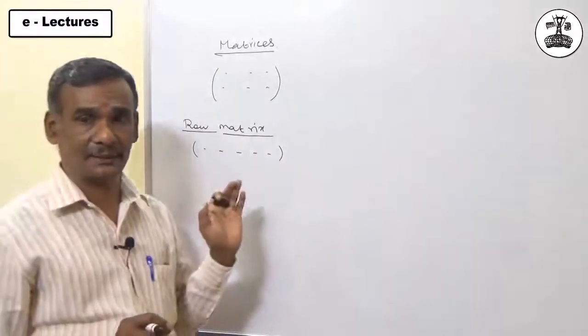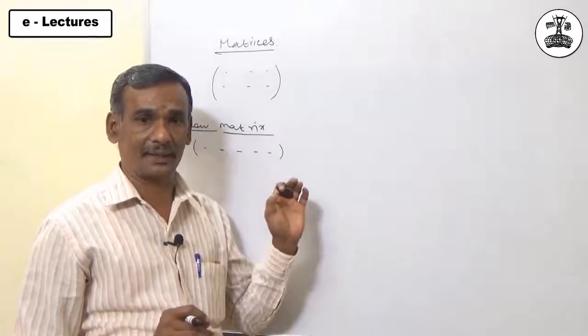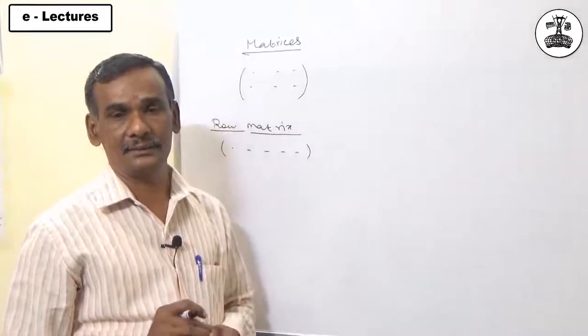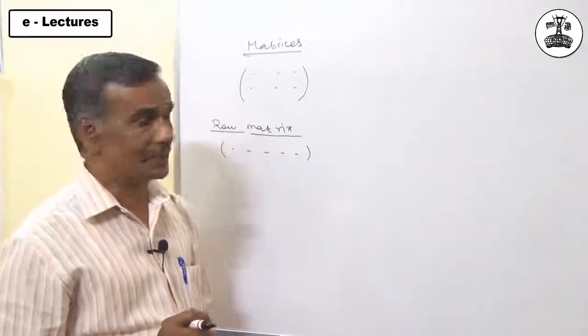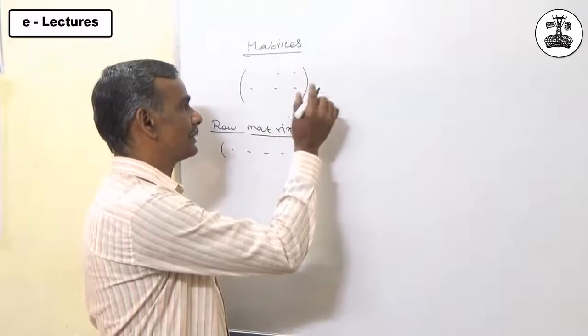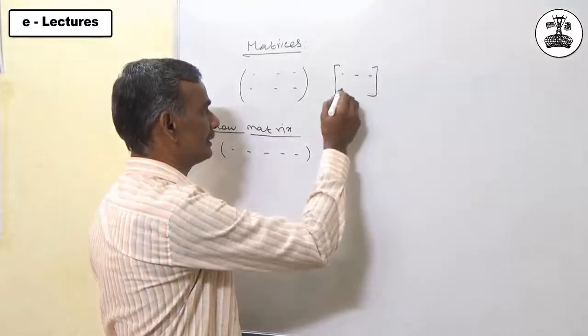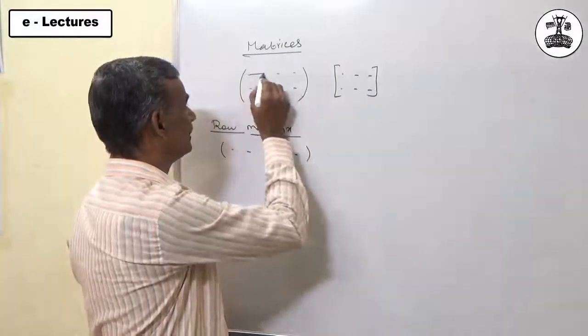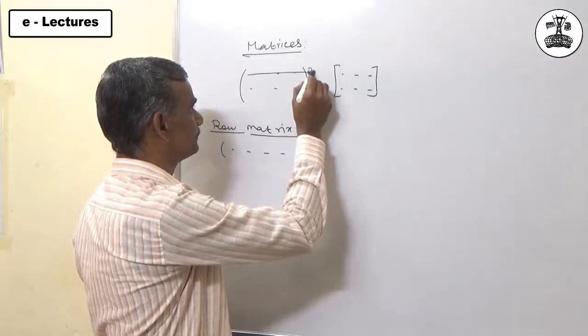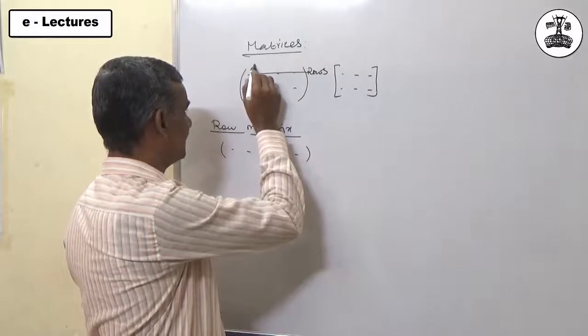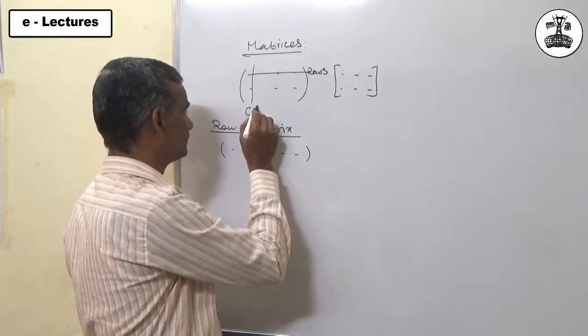A matrix is nothing but a rectangular array of numbers arranged in rows and columns enclosed within parenthesis bracket or square bracket. The horizontal entries are called rows. The vertical entries are called columns.